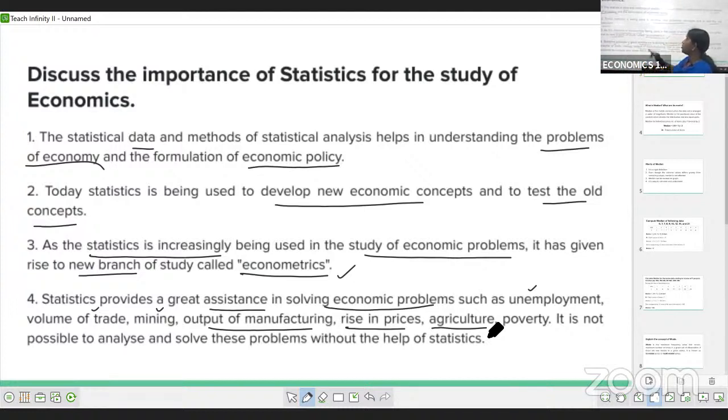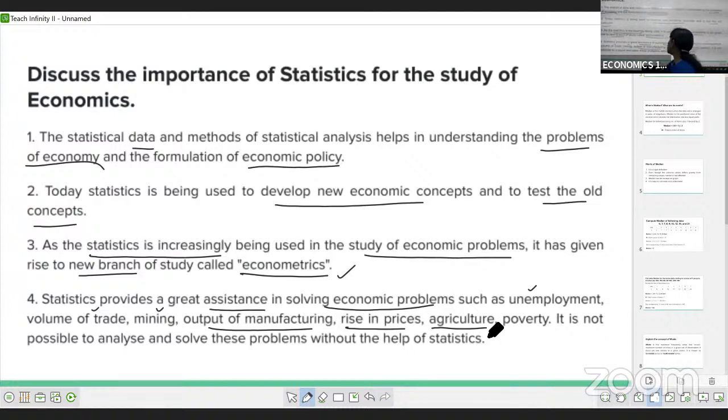In the first one, understanding the problems of economy, then formulation of the policies, developing the new concepts of economy and understanding the old concepts, a new branch of study has come called econometrics, and solving so many problems, like I told you: unemployment, volume of trade, mining, agriculture, increasing price level, poverty.